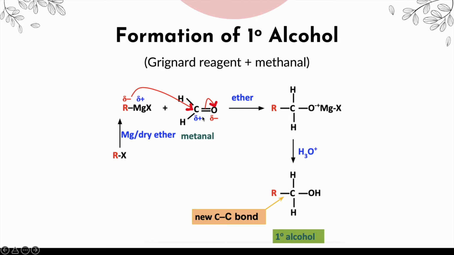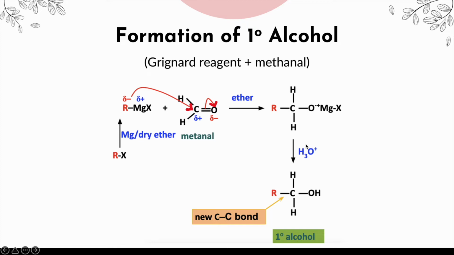This is aldehyde with one carbon only. This carbon has hydrogen and hydrogen. This carbon has no other carbon attached to it. Okay, if the Grignard reagent reacts with the methanal in the presence of ether, followed by acidified water here.